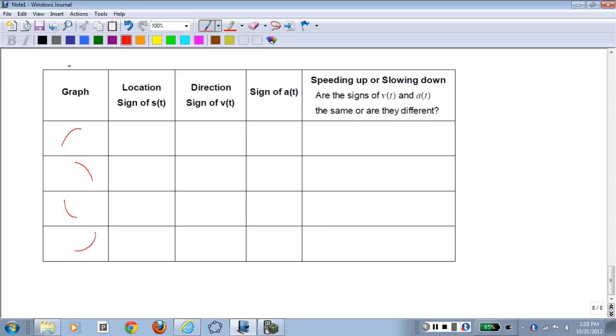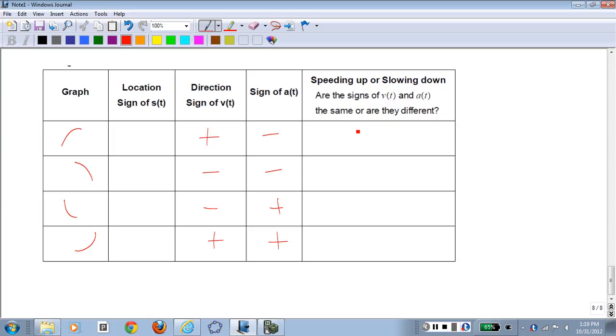Then we can fill in the direction. The location is simply whether the graph is above or below the x-axis, so I'm not going to worry with that. But the direction: sign of v of t is positive, sign of a of t is negative. It was minus, plus, and plus. And so we filled it in like that.